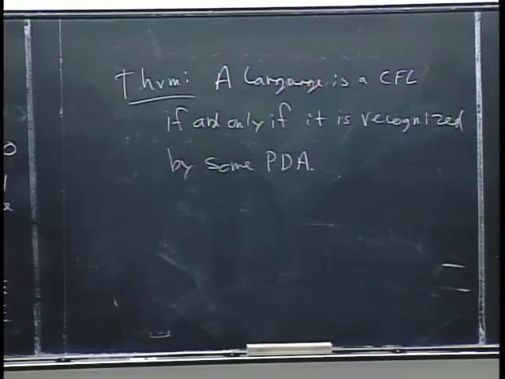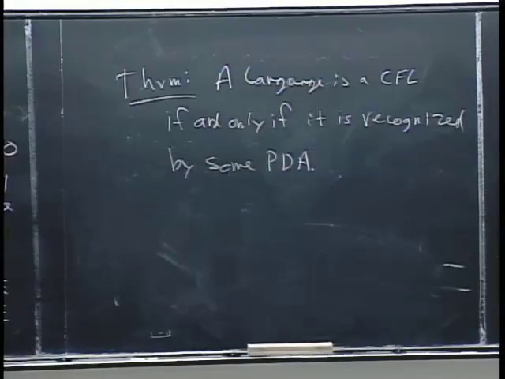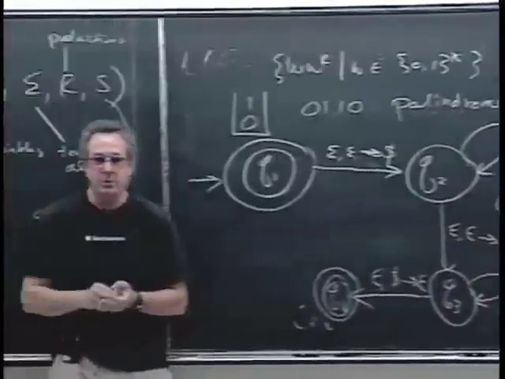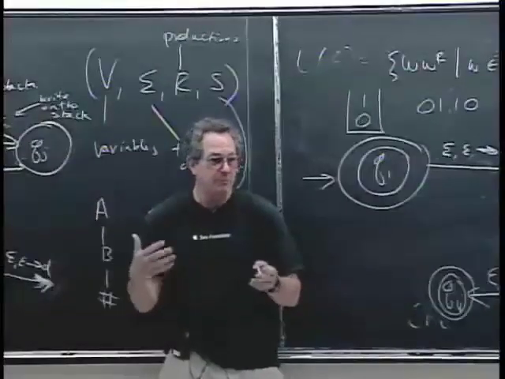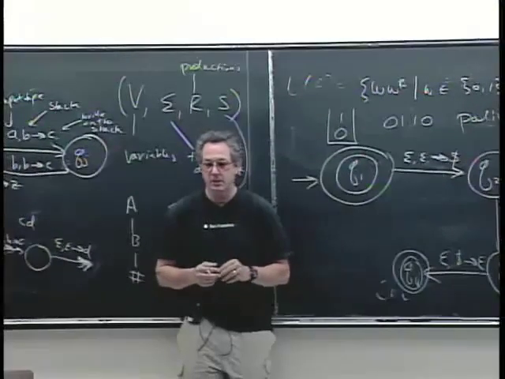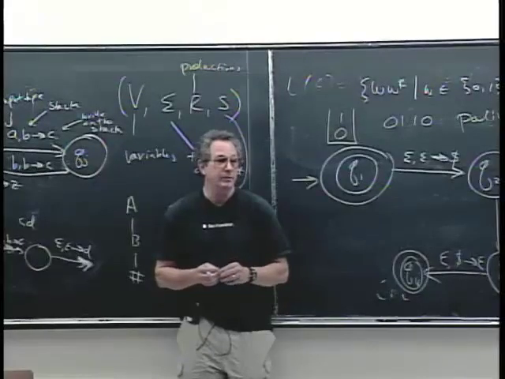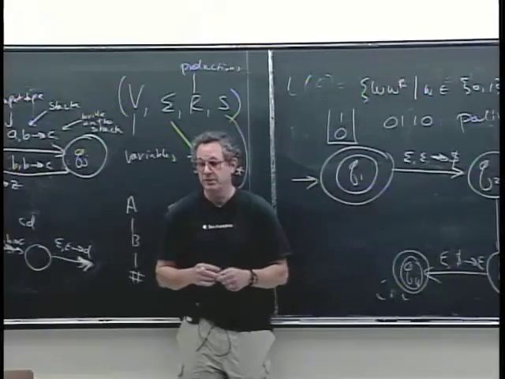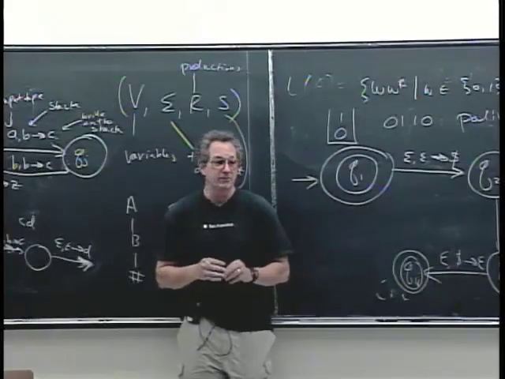Okay. All right, so this is what I was going to do in the first half hour of today's lecture, talking about PDAs. I should mention the book also, this chapter has a lot more than what I'm talking about in terms of PDAs and context-free languages. The book shows a pumping lemma for context-free languages, and its proof is much more complicated than the pumping lemma for regular languages.